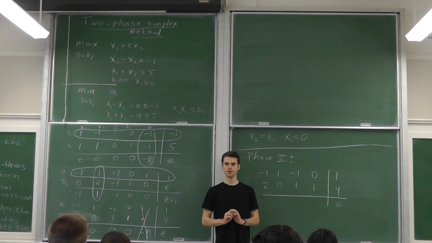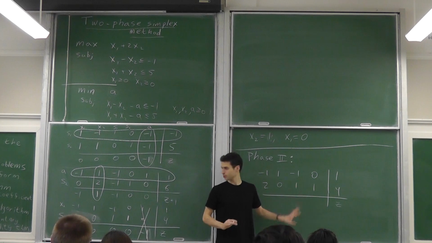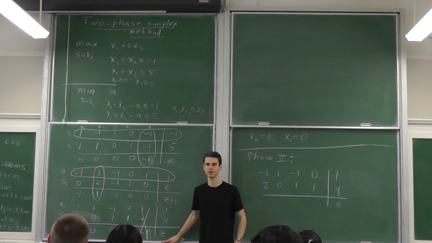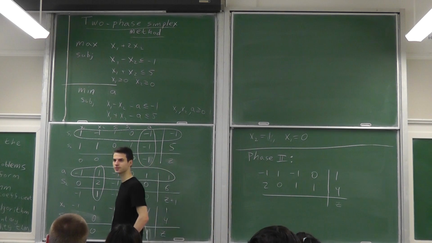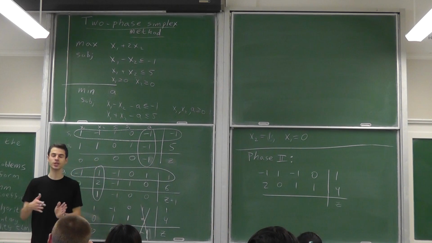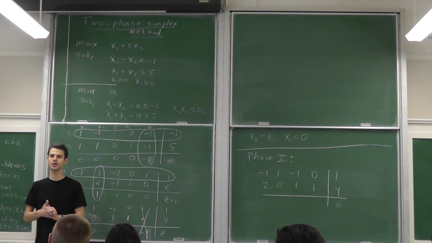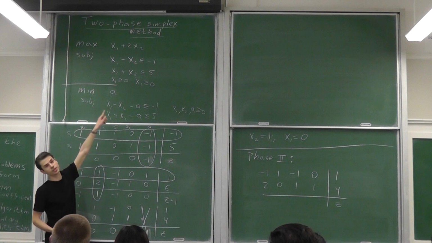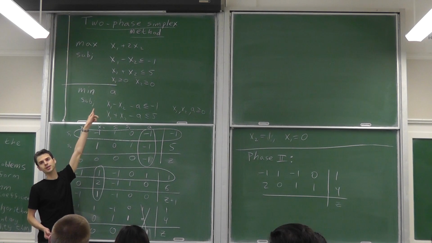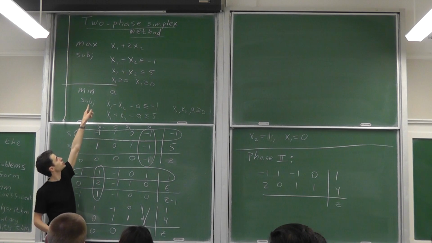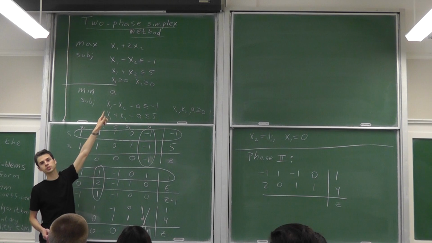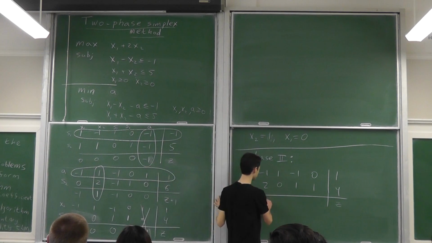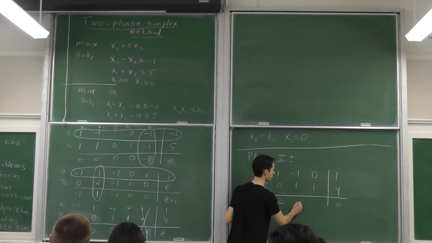The slight problem is that the last row is not what it used to be. In the previous phase, we tried to minimize the artificial parameter, which we succeeded in doing, but now we will want to maximize the original objective function. The original objective function is given to you as x1 plus 2 times x2.